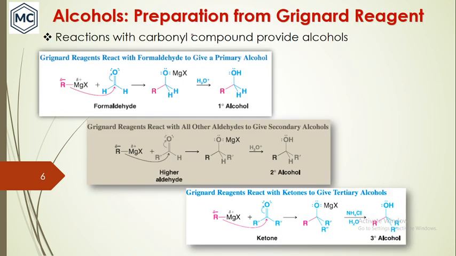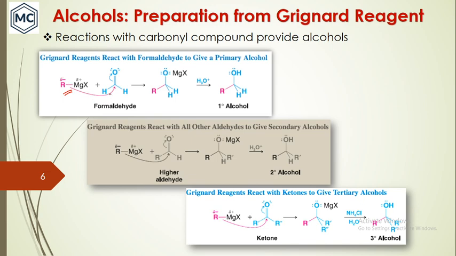Next, preparation of alcohol from Grignard reagent. This is a Grignard reagent, RMgX, an organometallic reagent. Organometallic means a metal is bonded to a carbon, an R-M bond. The important point in an organometallic compound is that the alkyl group is negatively charged because it is attached to a more electropositive metal, so it can act as a nucleophile.